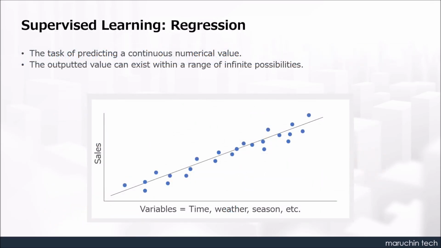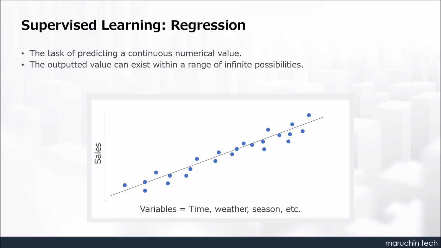As I mentioned, supervised learning is divided into regression and classification. Let's look at them in detail. Regression is the task of predicting continuous numerical values. The output can be any value within an infinite range of possibilities. For instance, sales volume changes based on variables like time, season, weather, and temperature.